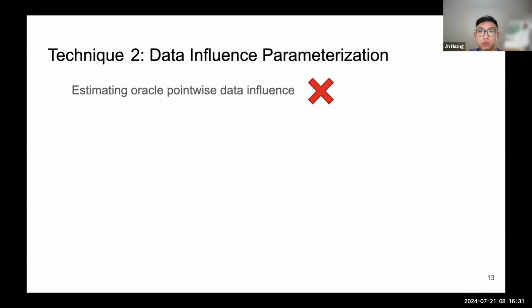We will use another BERT-based model to approximate this point-wise data influence for every single data point. Again, the motivation is that computing the Oracle point-wise data influence will be very computationally heavy in our case, so we need to use another model to predict the data influence here.